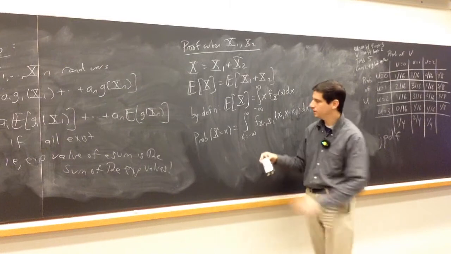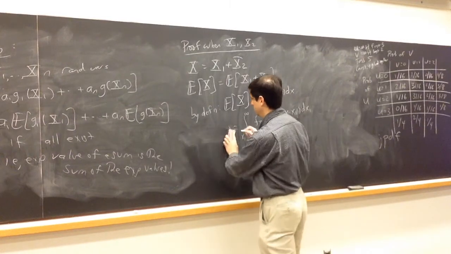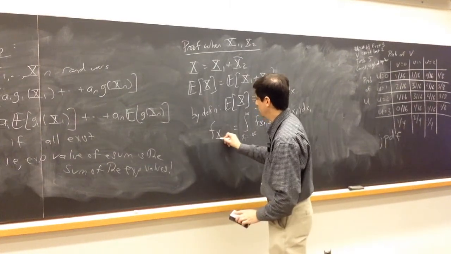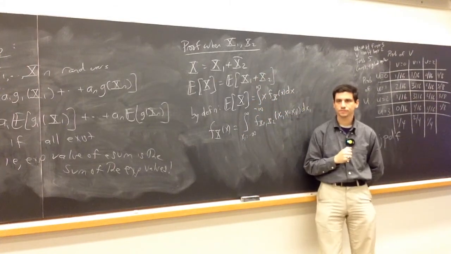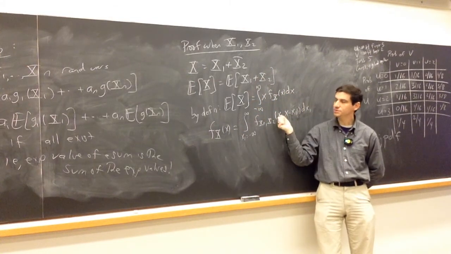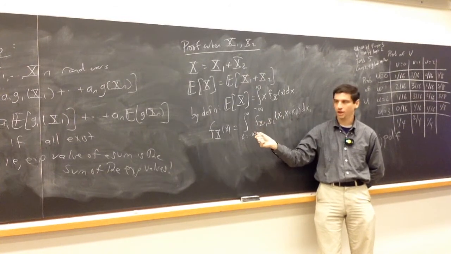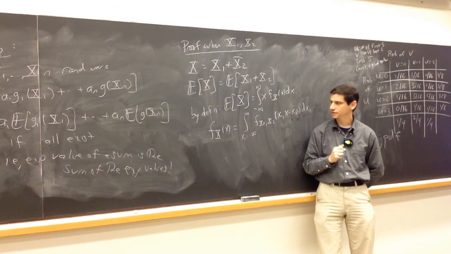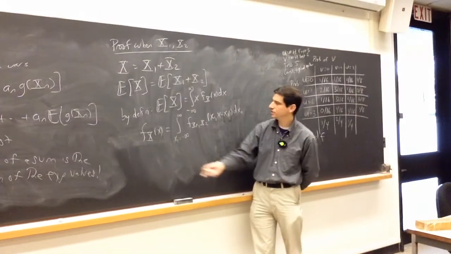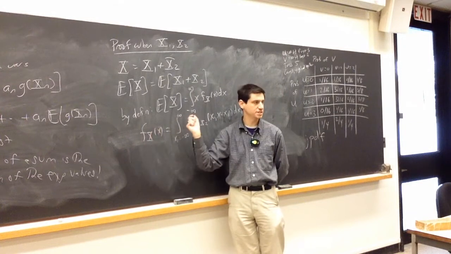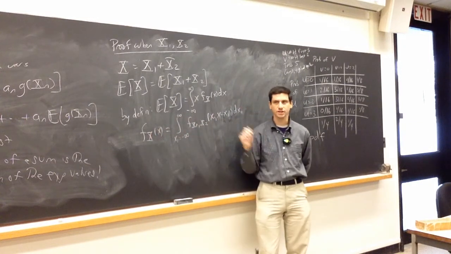Instead of writing it like this, I'm going to write this as f_X of x. So this is going to be my probability density function of getting a value of x. And now I would integrate this over all values of x to see that it's a density and make sure that it equals 1.